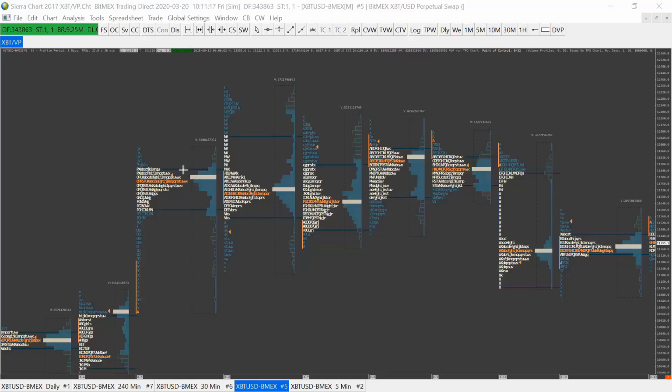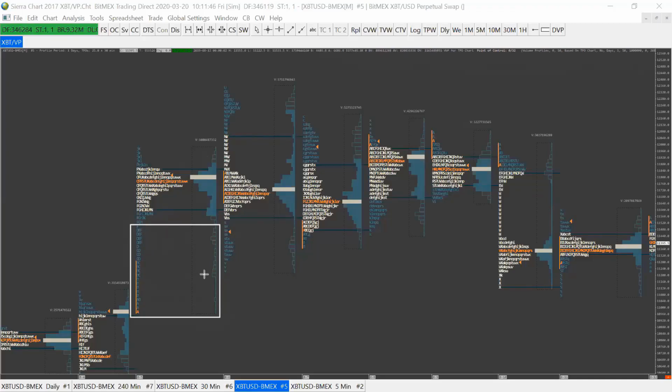And by now, areas of imbalance, so wide ranging, usually illiquid moves will look something like this on the profile. So you can see that price has spent very little time trading down at the bottom of this day, and as a result, there's very little volume traded there.